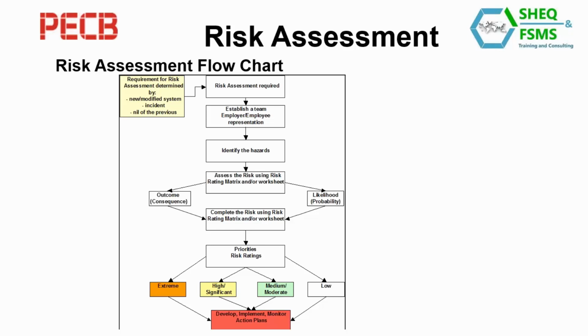Establish a team, employer-employee representation, identify hazards, assess the risk using risk matrix or worksheet, and you use the outcome or the consequences, likelihood or probability, the product of those, and then complete the risk using the risk rating matrix.